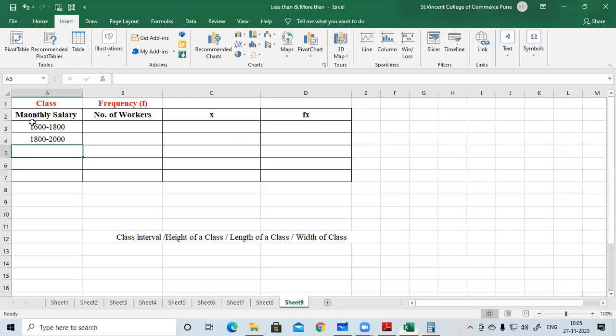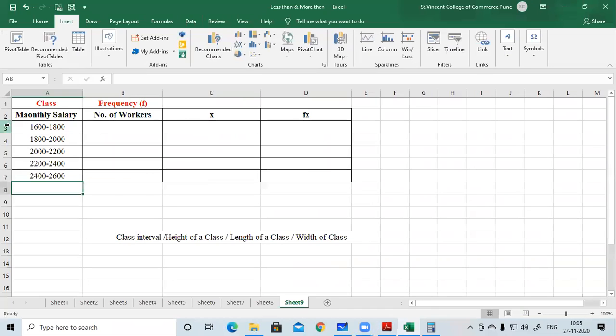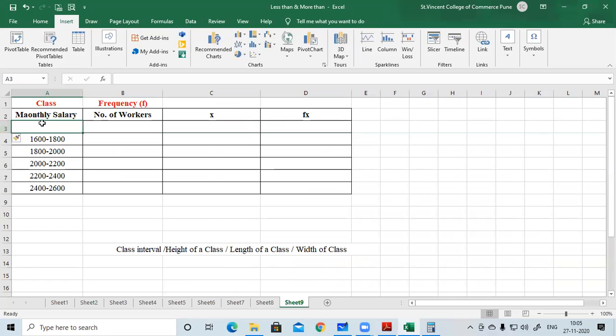And we go right up to 2600. We begin at 1400. Sorry, the first class is 1400 to 1600.